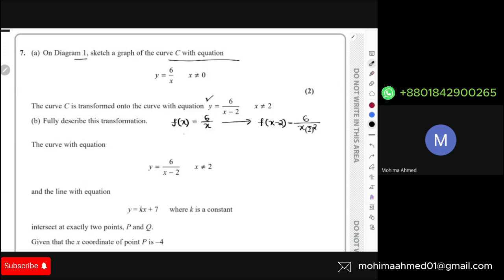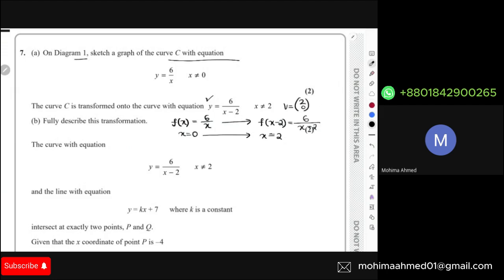But now we can understand why they never intersected with the x-axis, because their asymptotes were x equals 0. Over here, this asymptote will be shifted to x equals 2, right? Because this time the vector is how much? Minus 2 means the vector is actually (2, 0).